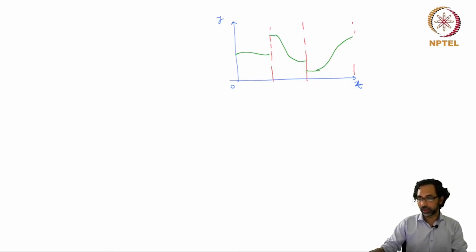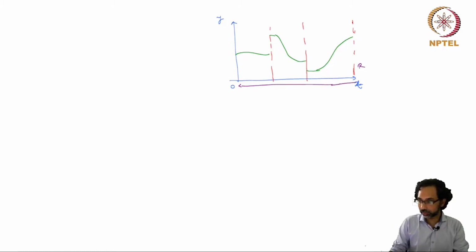For every finite value r, this interval from 0 to r can be broken up into finitely many pieces, and the function f(t) will be continuous on each piece, and at the end points the left side limit and the right side limit are finite.